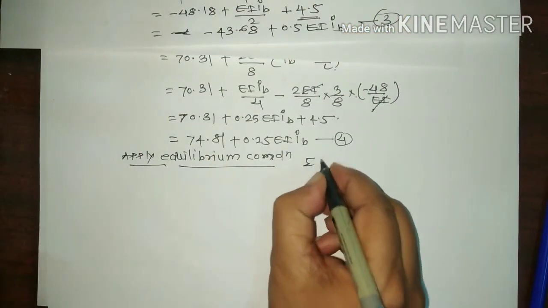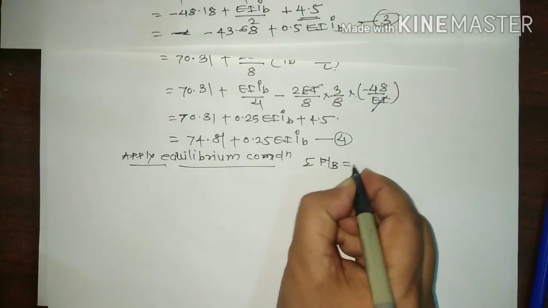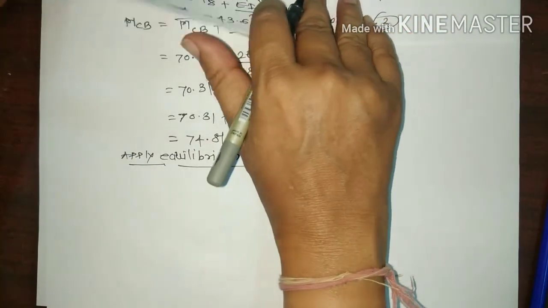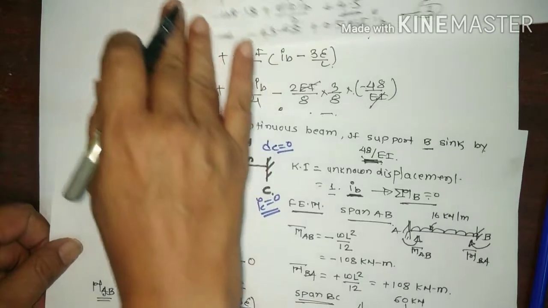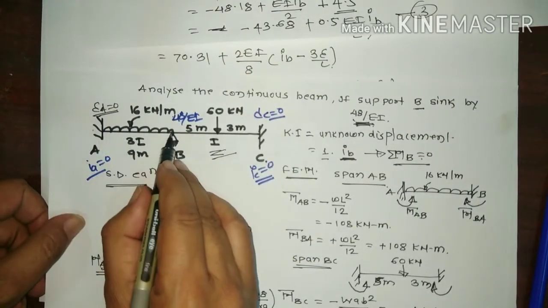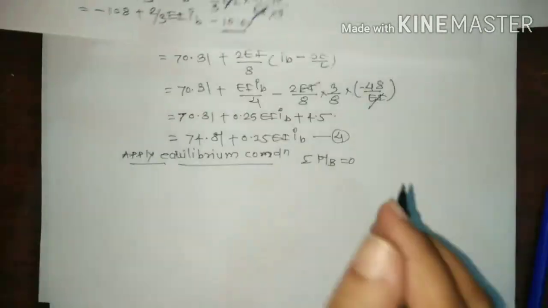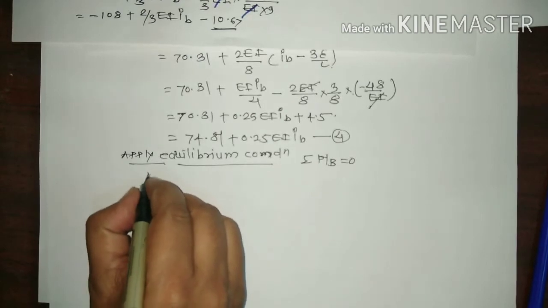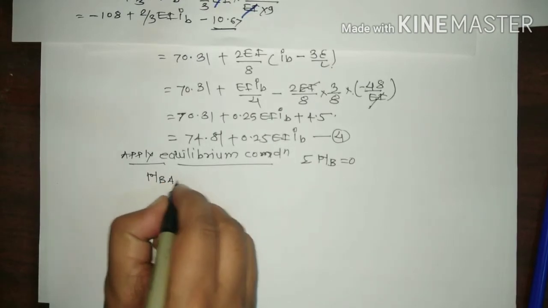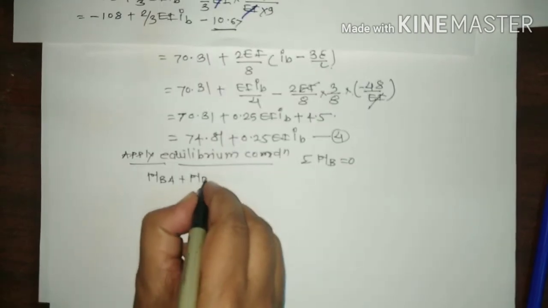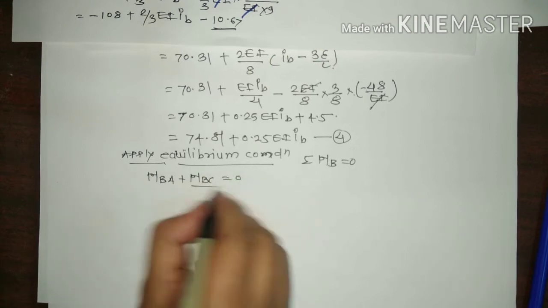So sigma MB is equal to 0. At the joint B, how many moments are there? Look here, BA and BC. So we can say that sigma MB is MBA plus MBC, that is equal to 0.